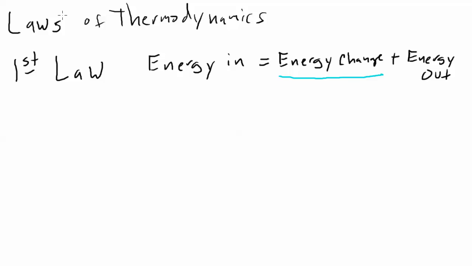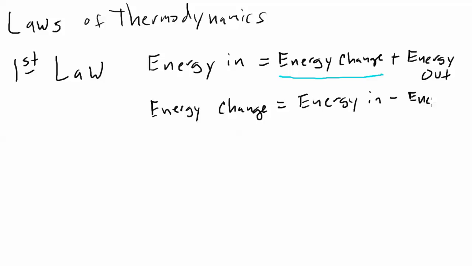Another way of looking at that, you can move the things around. Another way of thinking about it is that the energy change equals the energy in minus the energy out. So you can think of it either way.